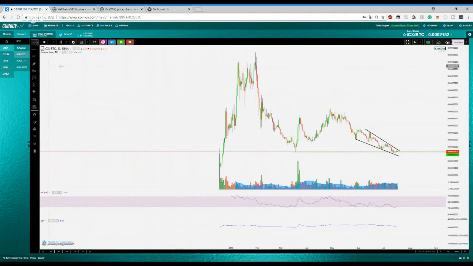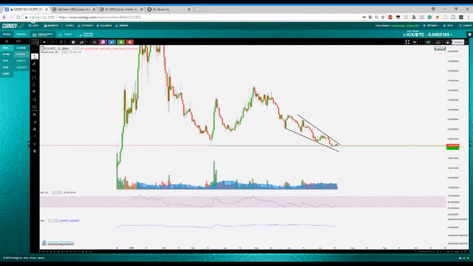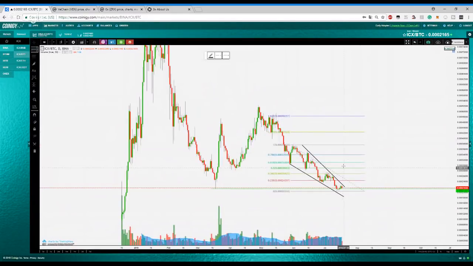ICX got a lot of requests for this one. Currently making a very clear descending wedge. On the breakout of this wedge, my personal target will be sitting at 30,000 Satoshis. 31,000.